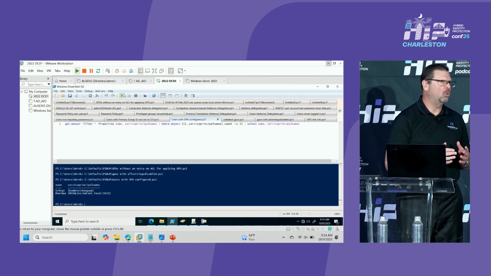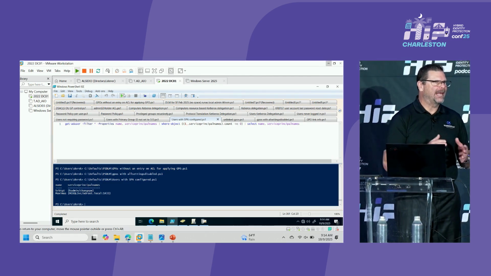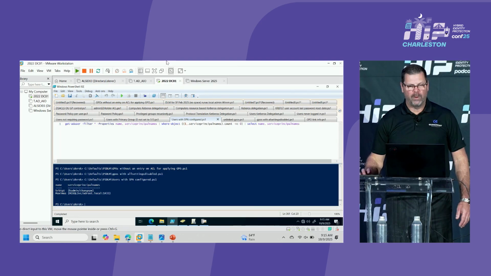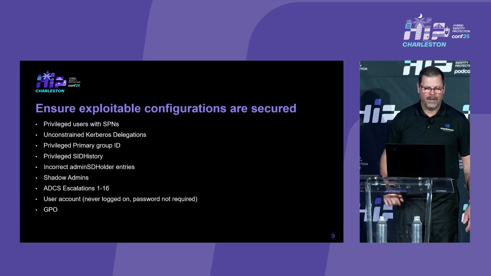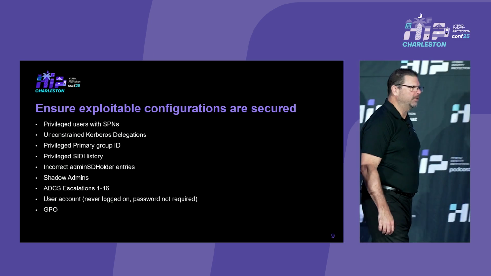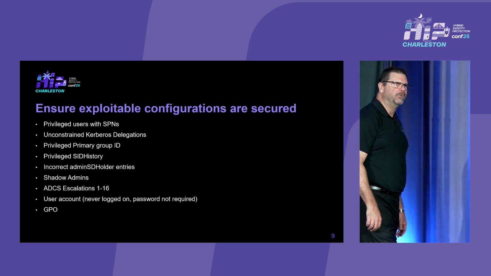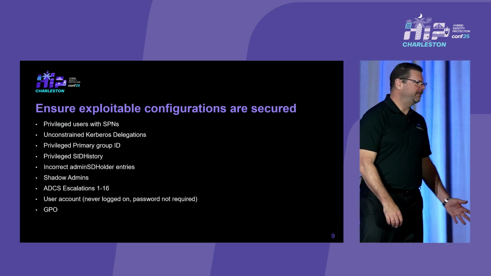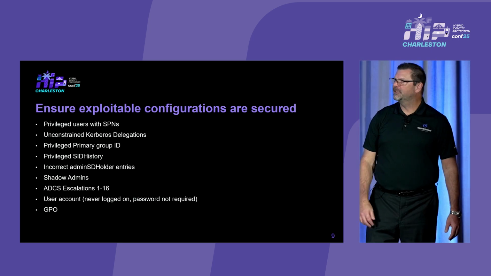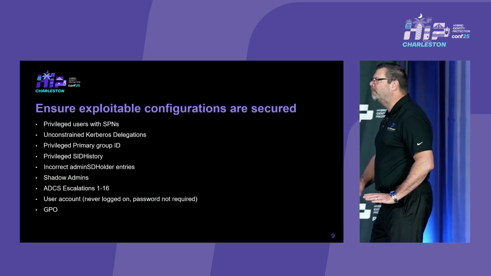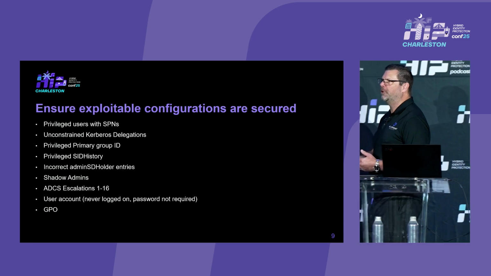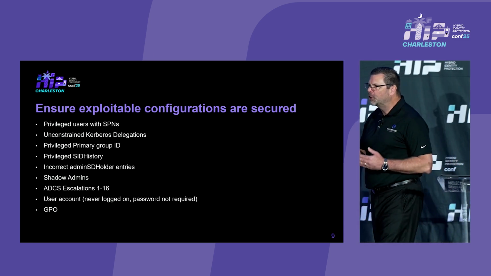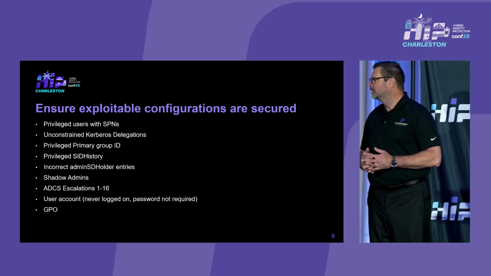We have to know which accounts can be compromised so that we can now take better action to secure them, okay? Unconstrained Kerberos delegations. Normally it's for computers, but it can be for a user, right? This also is impossible to secure. There's no way to secure a machine that has unconstrained Kerberos delegation.